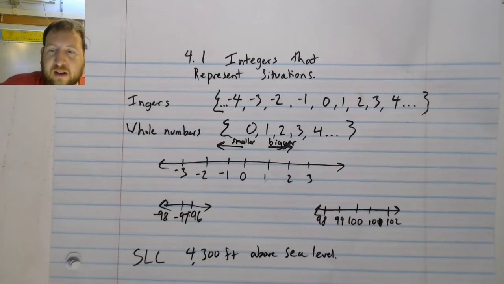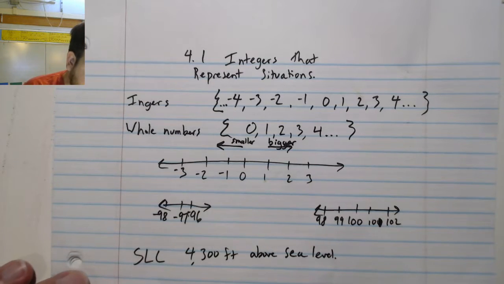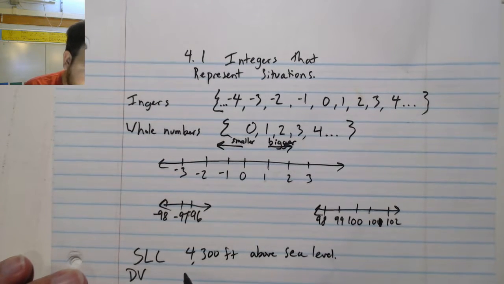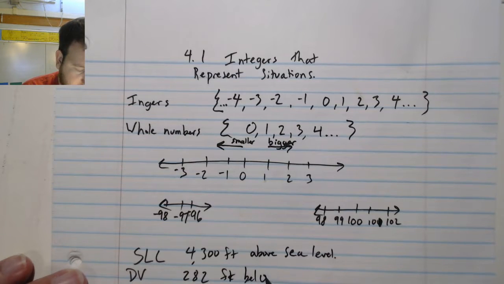Her mom told her that Death Valley is the lowest land in North America, and it is 282 feet below sea level. So at Death Valley, it's 282 feet below sea level.